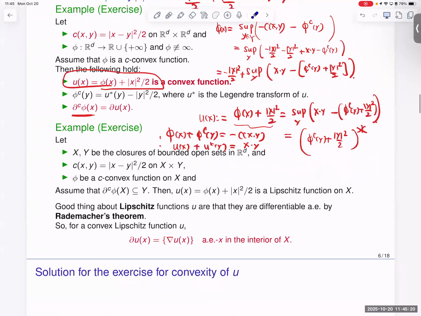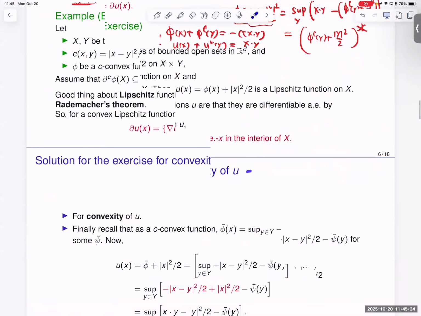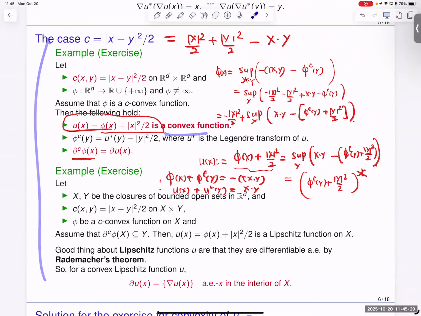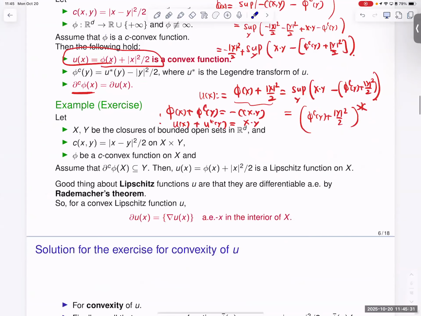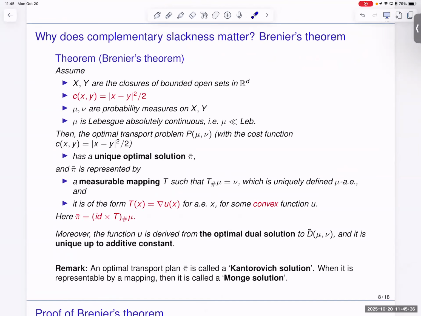Now, we already did this exercise on why we have convexity for such u. Then using this observation, we can prove Brenier's theorem. Remember, Brenier's theorem tells us that the optimal transport plan is given by a transport mapping, an optimal mapping, which is the gradient of a convex function, in the almost everywhere sense.